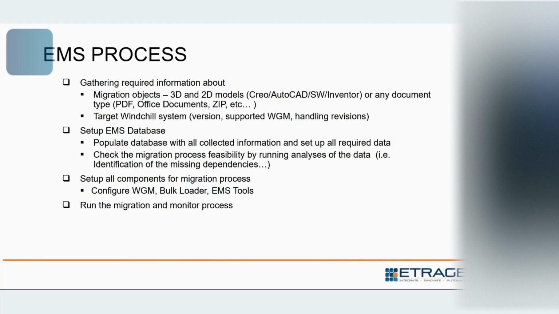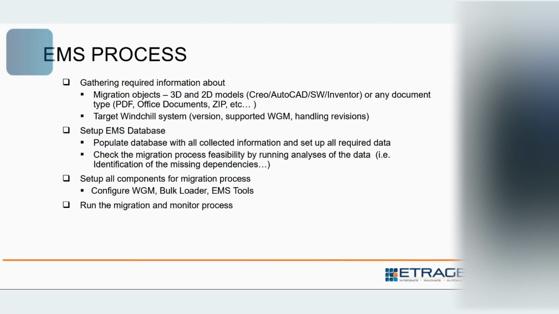For the target Windchill system, we also need to collect all relevant information, like the version and the build of that target Windchill. Do we need to support Windchill Workgroup Manager clients, and especially which versions need to be supported?